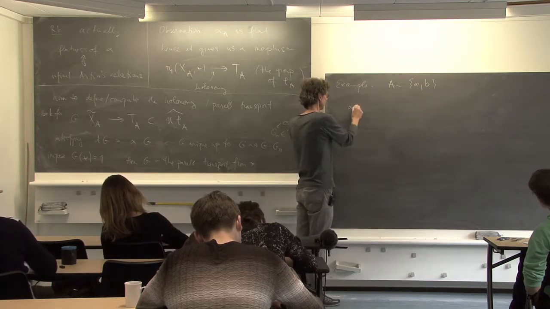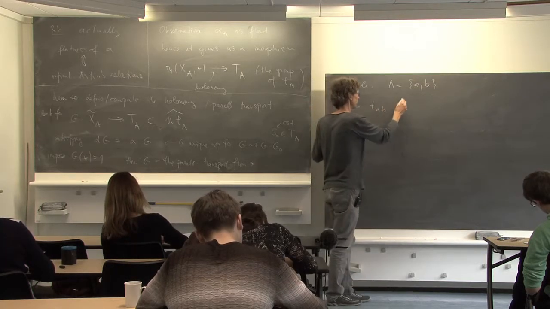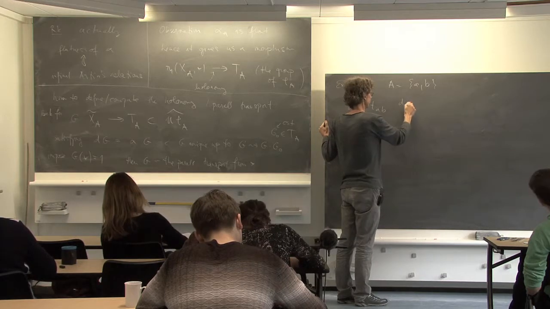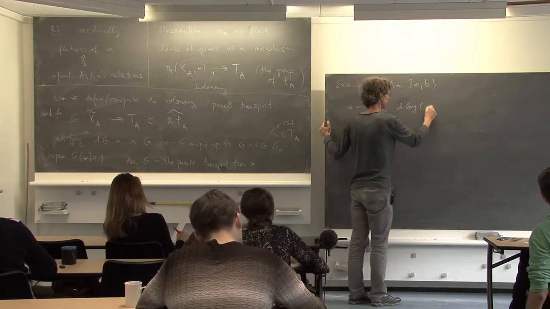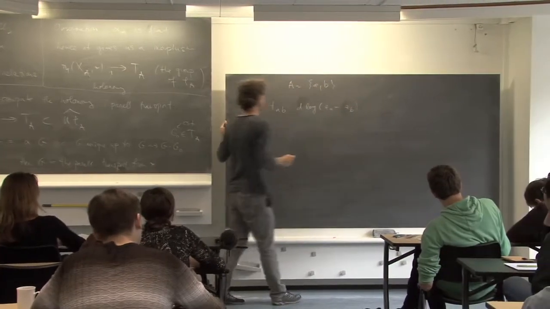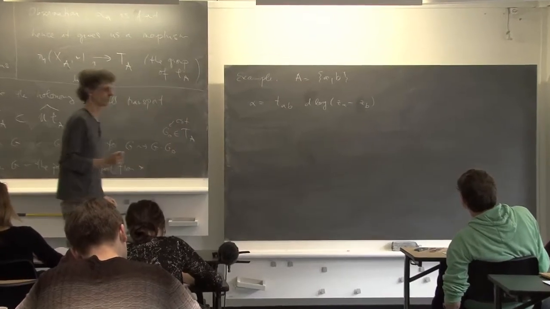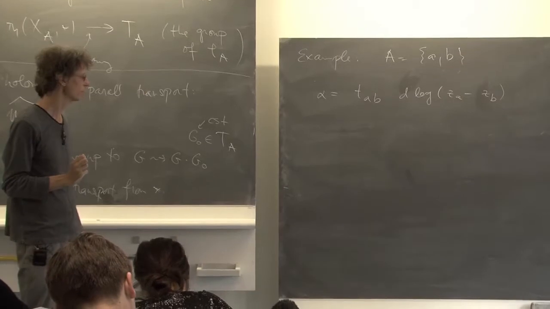So in this case, this alpha, there is no sum, there is just TAB and d log of ZA minus ZB.